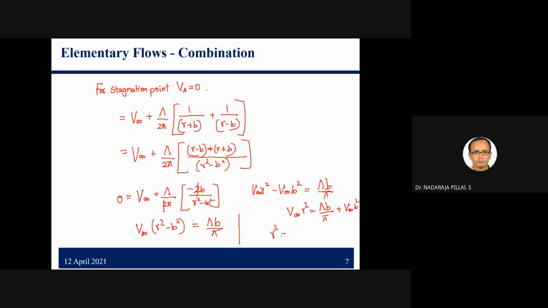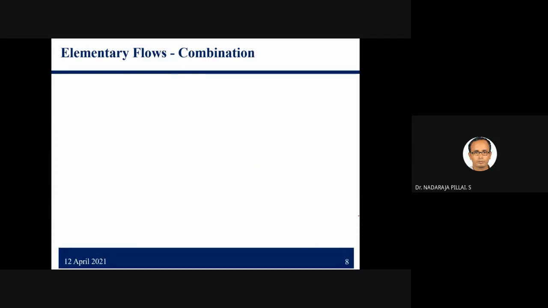So R square is equal to lambda B by pi V infinity plus B square, and hence R is equal to root of B square plus lambda B by pi V infinity. So this is OA, that is equal to OB, that is equal to R.